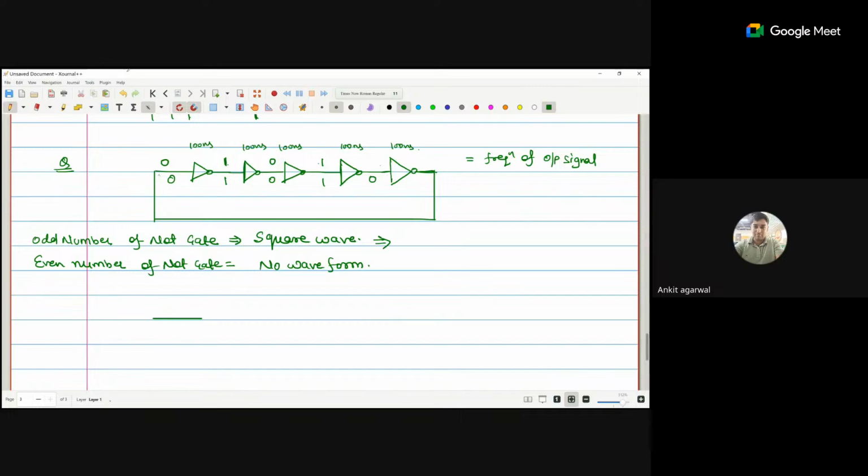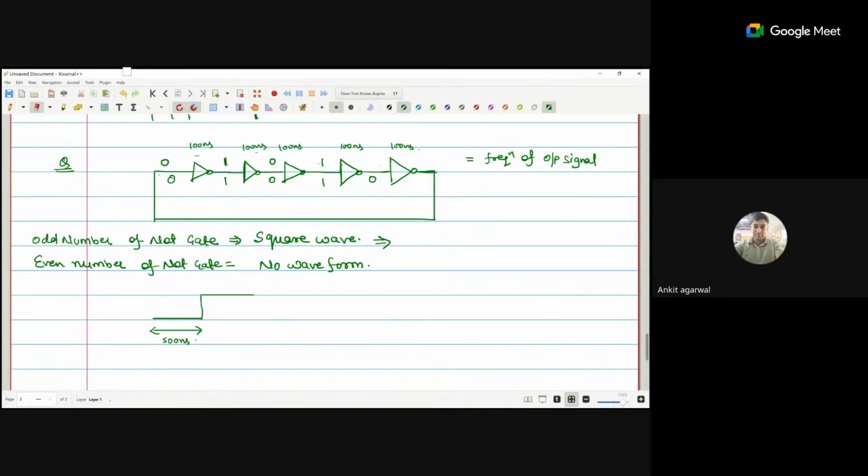Now this 0 is applied at the input of the first NOT gate, so we get an output after 500 nanoseconds: 100, 100, 100, 100 and 100. So after 500 nanoseconds my output will be 1. Till 500 nanoseconds, the output remains the same, 0.